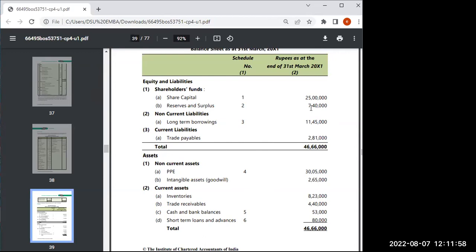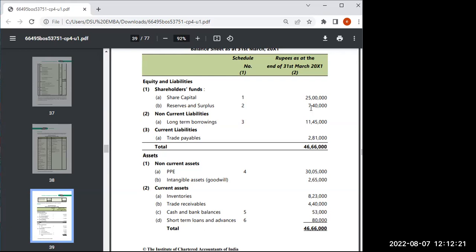Then what is reserve? There are two items in that: reserves and surplus. Now I told you how to find surplus: last year surplus plus current year surplus minus transfer of current year surplus to reserve. Suppose last year profit and loss account is 1 lakh, and current year balance is 1,50,000.